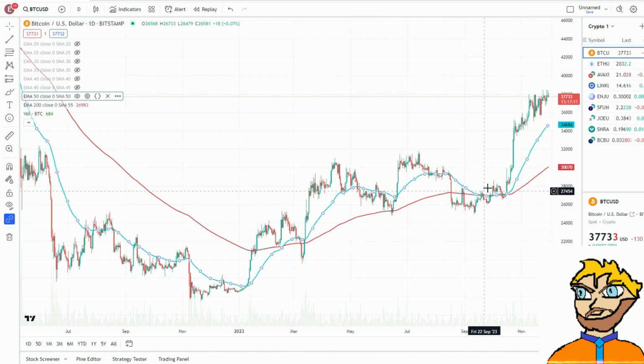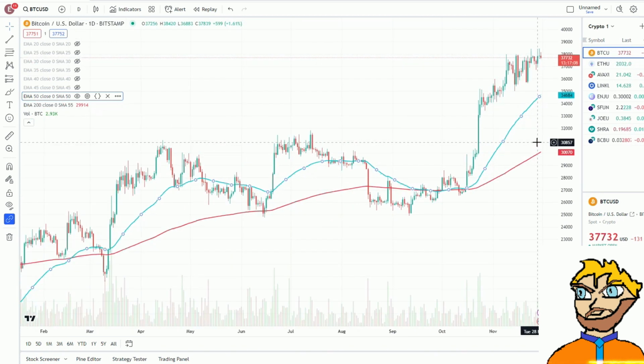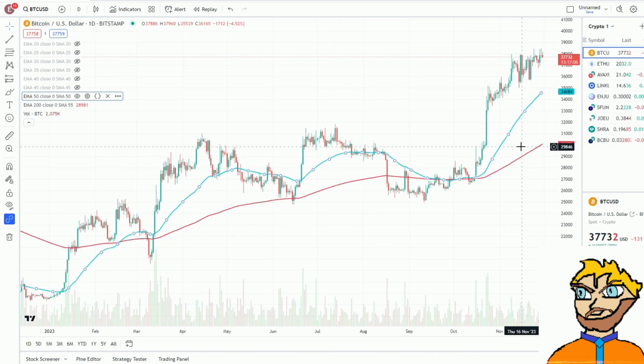And then we go a little bit sideways, but now we see this again. And with the current sentiment you see on Twitter and in the news and everything with BlackRock and so on, we're definitely in a bullish cycle now. And if we just cross $39,000 for Bitcoin, I mean, we're on our way to the moon.